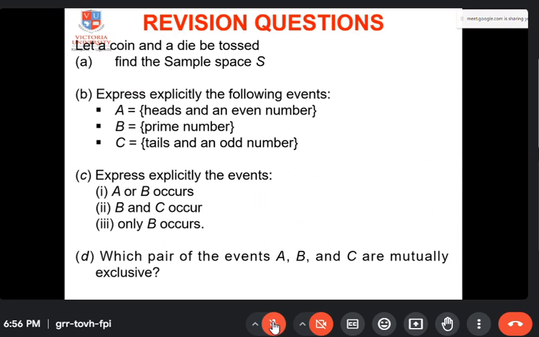We said we have tail 1, tail 3, and tail 5. I was going to say tail 7, but no, because we have only 6 faces.